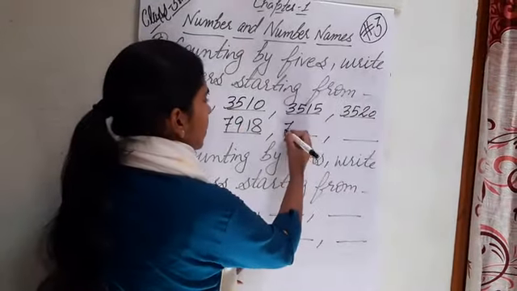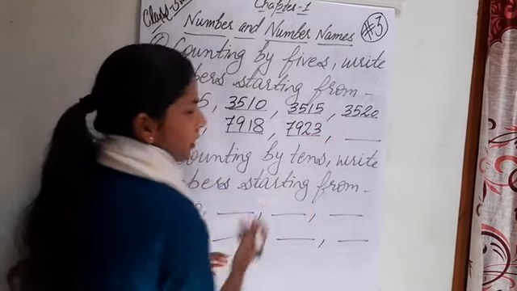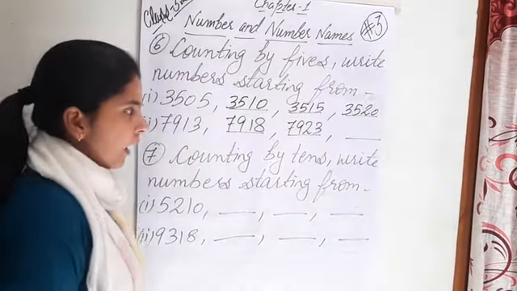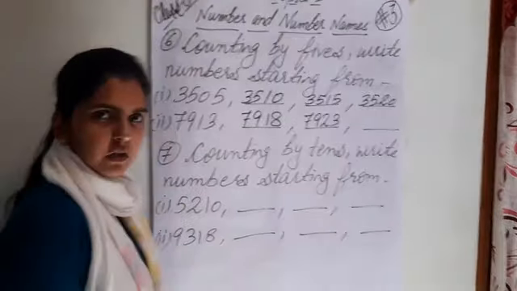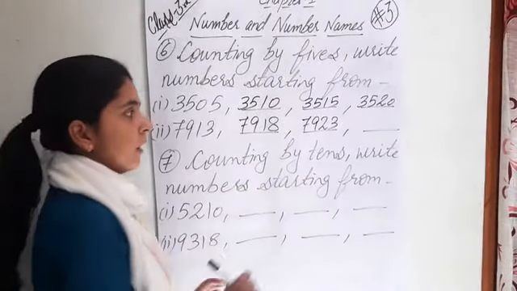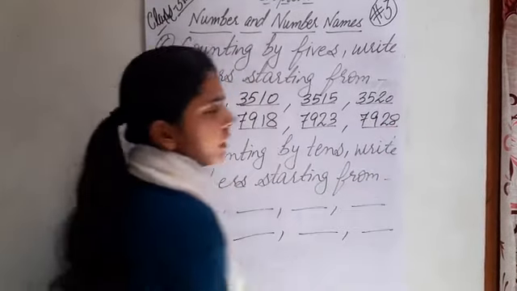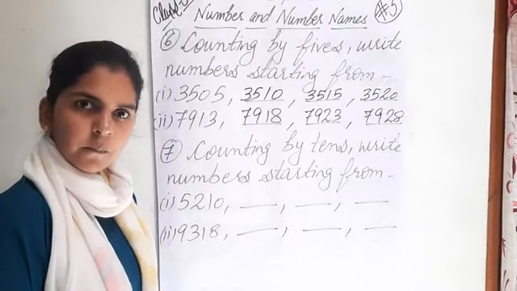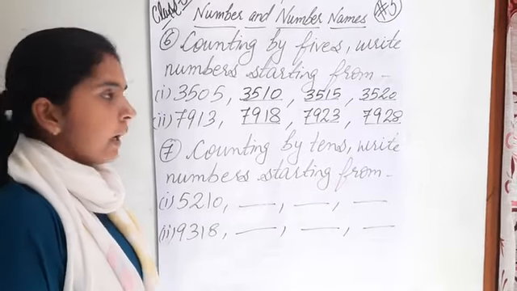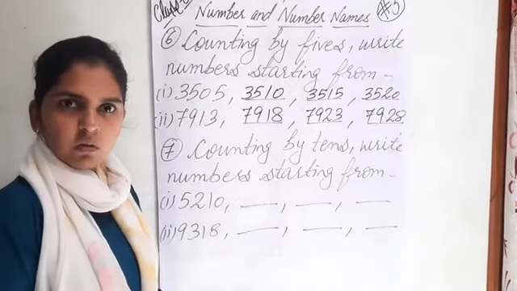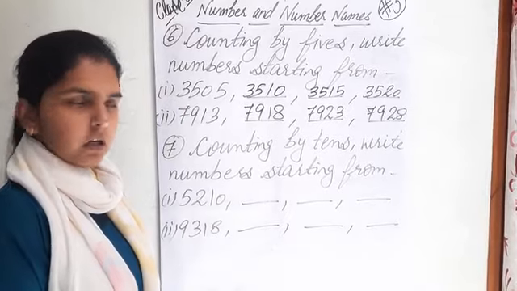So this number will be 7923. Now 23 plus 5 is equal to 28. So the next number will be 7928. Okay, I hope it is clear, and you need to write these questions also. You can pause the video and write.